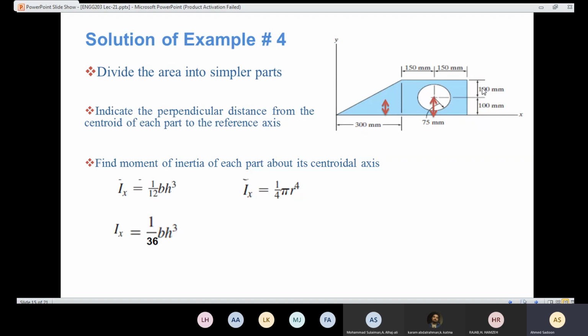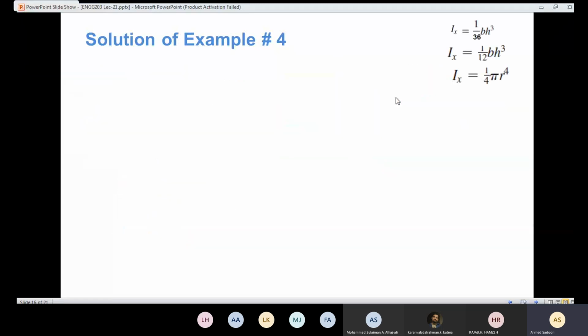The value of B for the triangle is going to be 300 millimeter. The H is going to be perpendicular to that axis, which is 200. For the circle, the R is here 55 millimeters. And for the triangle here, the value of B is going to be 300 millimeter, and the value of H is going to be perpendicular to this axis, which is 200 millimeter.